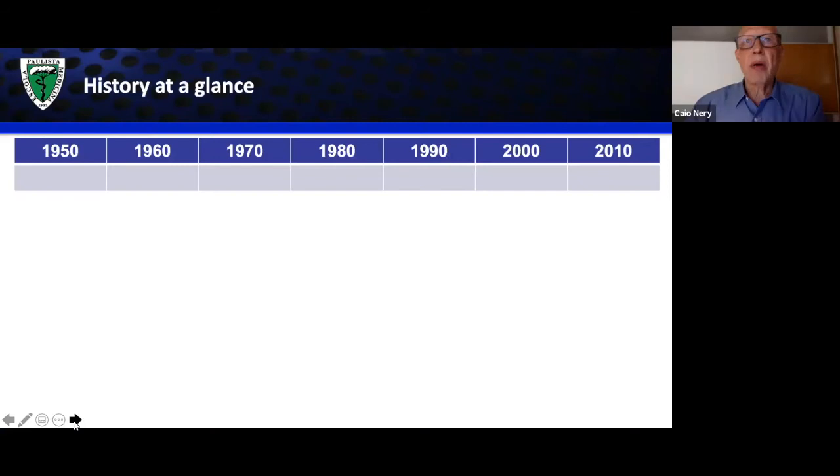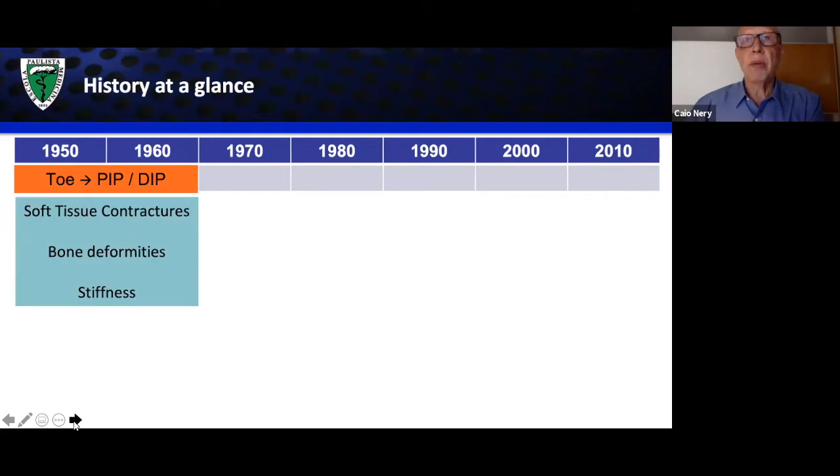Since then, several authors were interested in the lesser toe deformities. During the 50s and 60s, the surgical procedures were directed to the toes, especially the soft tissue contractures, bone deformities, and stiffness. The main objective of the treatment at that moment was to create room to achieve a deformity correction.